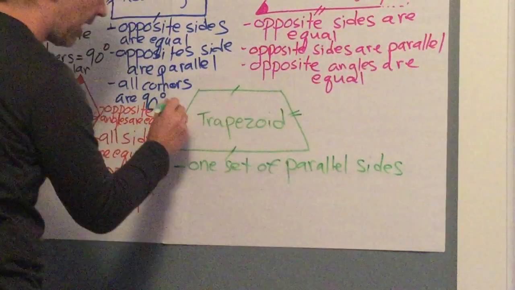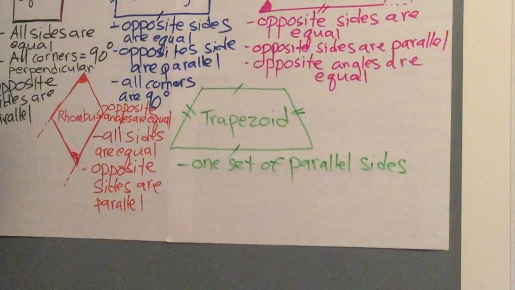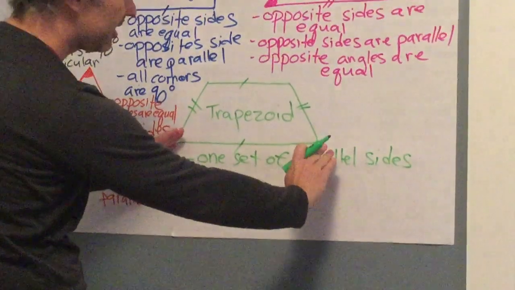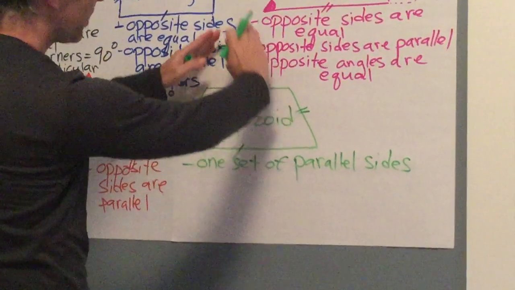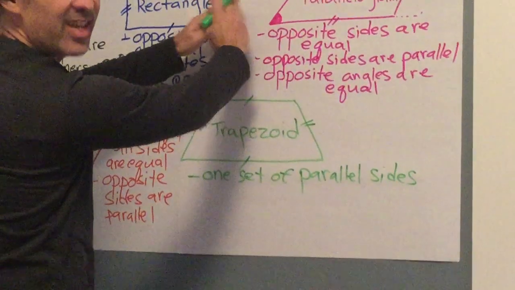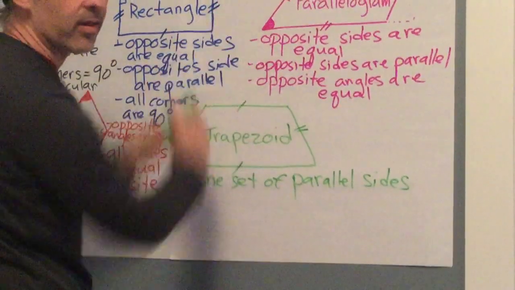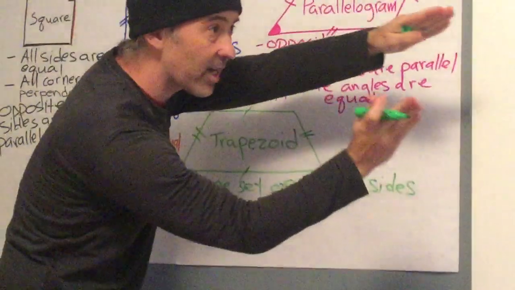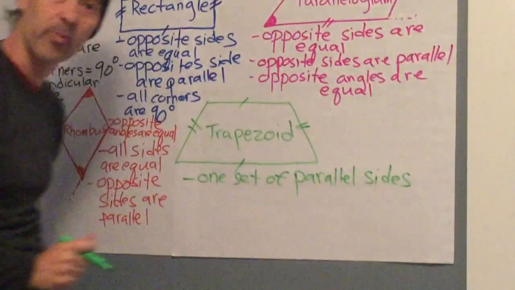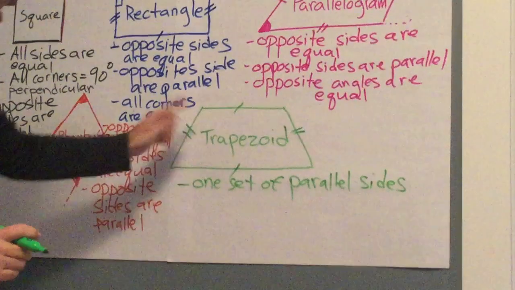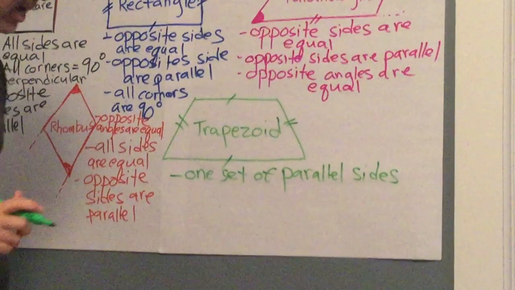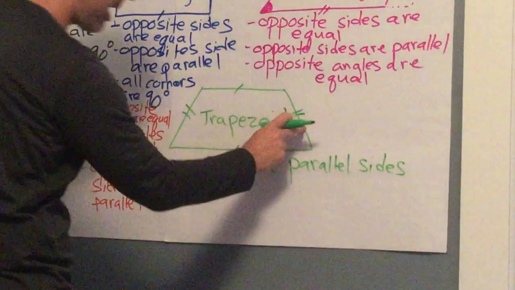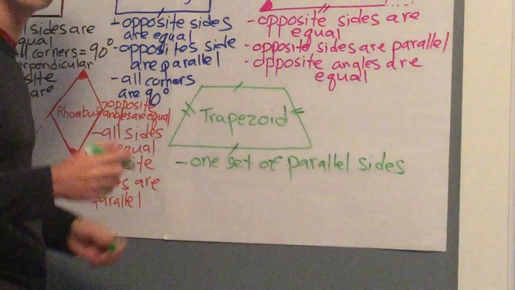This side and this side, are they parallel? Nope. You know why? Because if you look at these two sides, eventually they're going to meet, intersect each other. So they're not parallel. These two sides, they will travel in the same direction and never intersect. So they're parallel. So a trapezoid has one set of parallel sides. And the other pair of sides will eventually intersect.